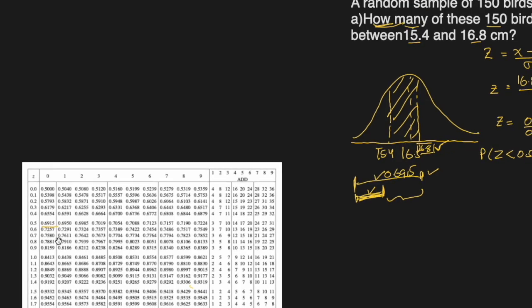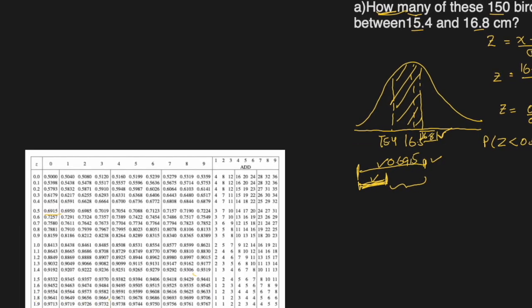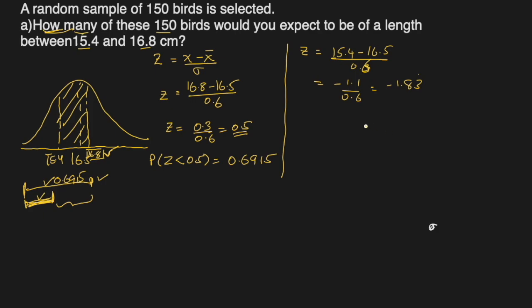So here it is. 1.83 is 0.9664, and the next digit 3 is 2 on the same line. So we add 2 to the last digit only, so it becomes 0.9666. But we will write the probability that Z is less than negative 1.83. We can't write 0.9666 straight away because it's negative.